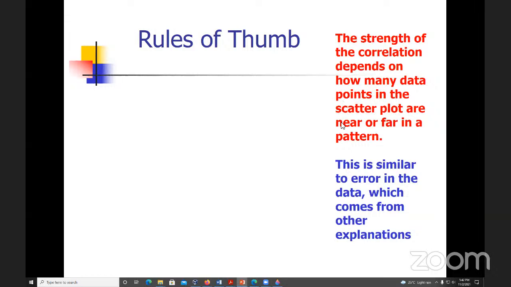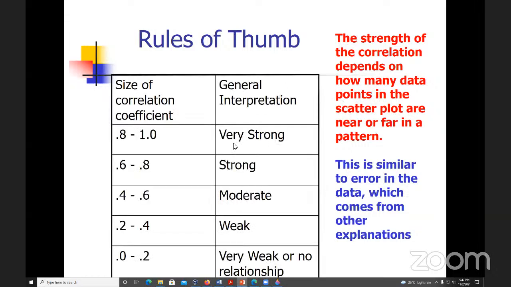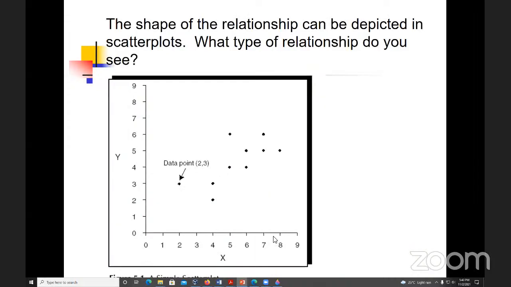So the strength of the correlation depends on how close these things are to the best fit line on the scatter plot. And so we have these numbers. If it's between 0.8 to 1, it's very strong, 0.6 to 0.8 is strong, 0.4 to 0.6 moderate, 0.2 to 0.4 weak, 0 to 0.2 very weak or no relationship.